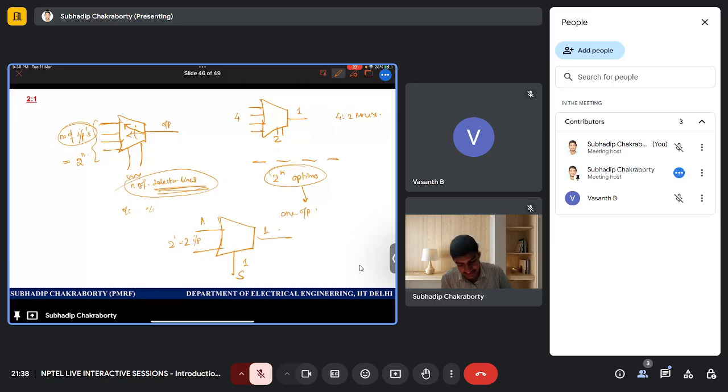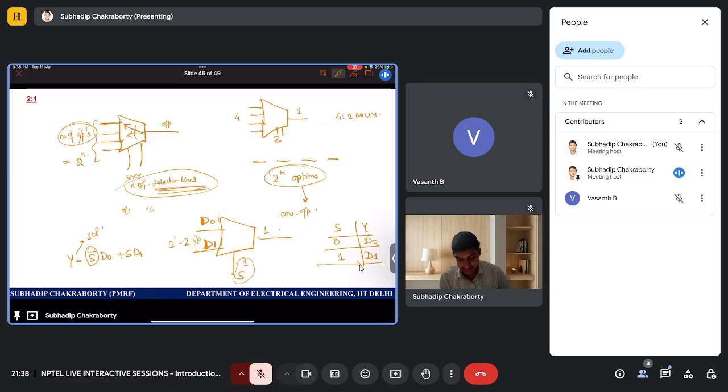So let us draw: if this is A, this is B, and this is S, or if you write it as D0 and D1 as the inputs, with S being 0 you get D0 at the output, and S being 1 you get D1. So what is Y? Writing in sum of products form, Y is S bar times D0 plus S times D1.